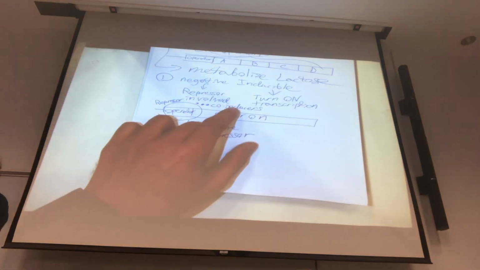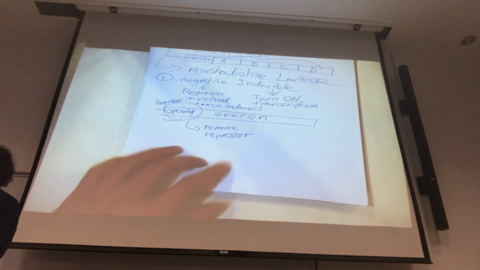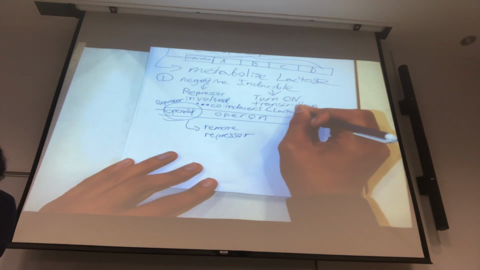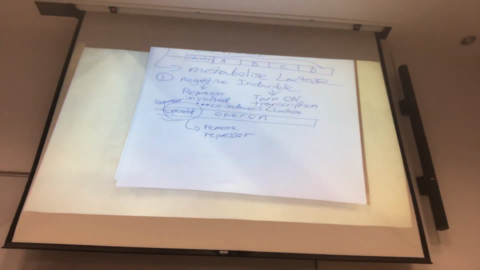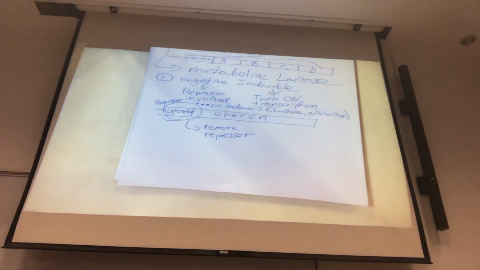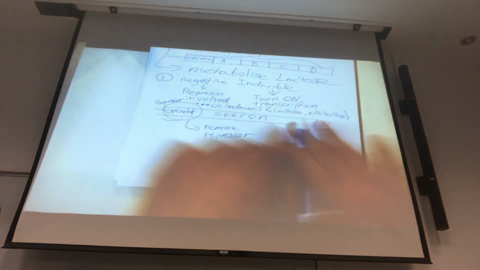The co-inducers you need to know are going to be lactose, and anything that is structurally similar to lactose, such as allolactose. I am oversimplifying it, but this is enough information for you in terms of the co-inducer stuff for the Lac Operon.